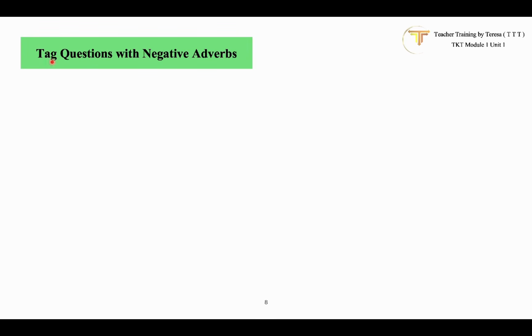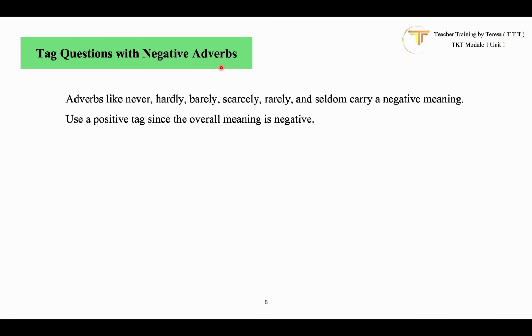Tag questions with negative adverbs. Adverbs like never, hardly, barely, scarcely, rarely, and seldom carry a negative meaning. Use a positive tag since the overall meaning is negative. Examples. He never eats sweets, does he?